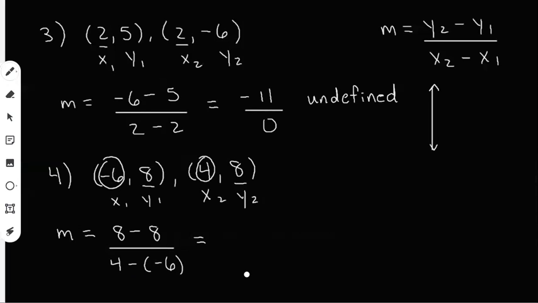So on top of the fraction, I'm going to have 8 minus 8, which is 0. But on the bottom, that double negative makes it a positive. So it's actually 4 plus 6. That's going to give me 10. So now that I have 0 divided by 10, I know that that's going to be 0. So my slope is going to be 0 for this one.